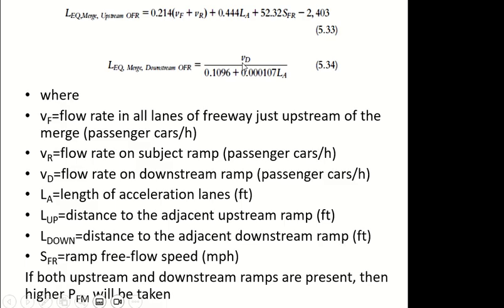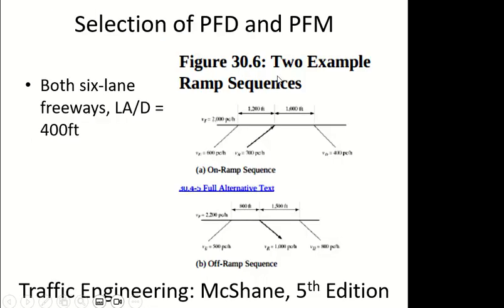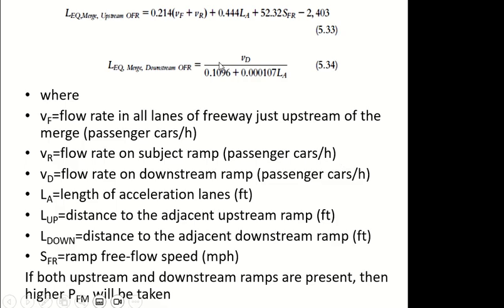So VD means the flow on the ramp itself, and LA is the length of acceleration lane, which is 400 feet. So LA is 400 feet. VD, the flow on the downstream ramp, this one, which is 400. Okay, so VD is 400 and LA is also 400. So how much is the equivalent length here? Tell me.